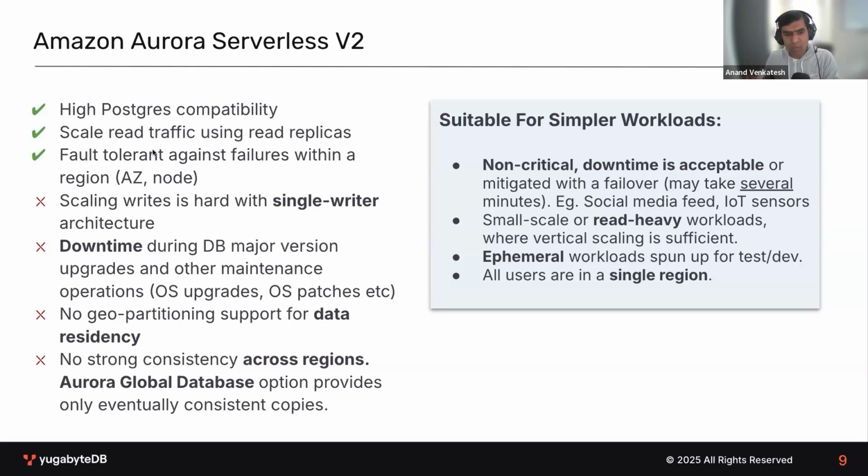And it's also a good fit for ephemeral workloads like test and dev environments, something you can quickly spin up and shut down as needed. In a nutshell, this service is good for simple, predictable, and read-heavy workloads. In this architecture, the single writer soon becomes a bottleneck for serious workloads.